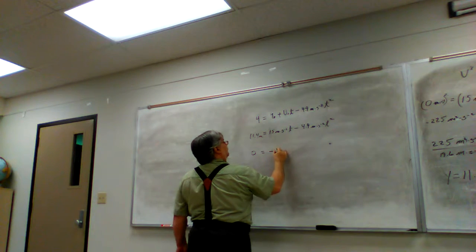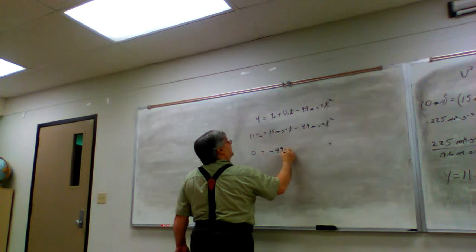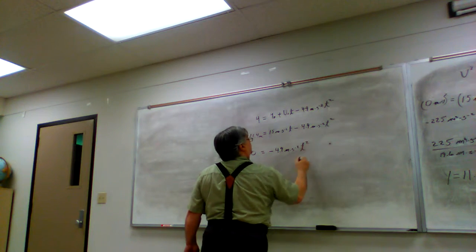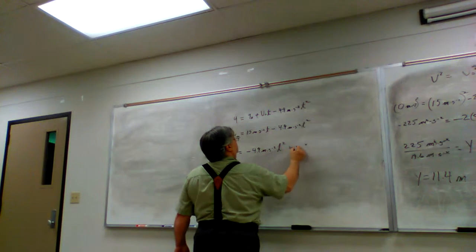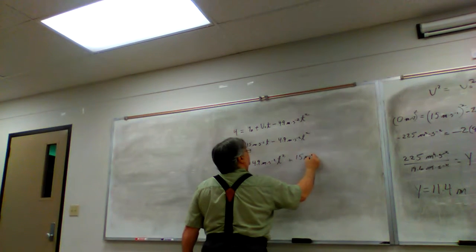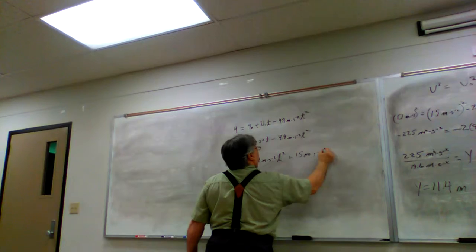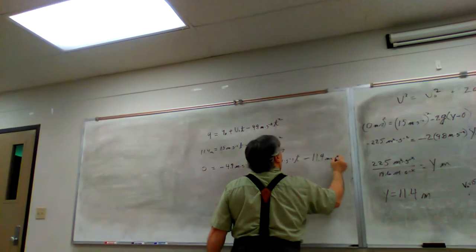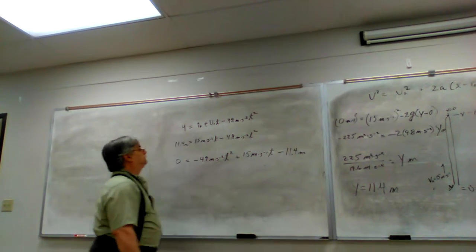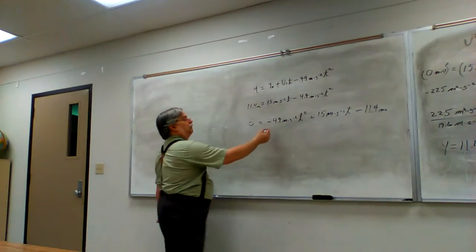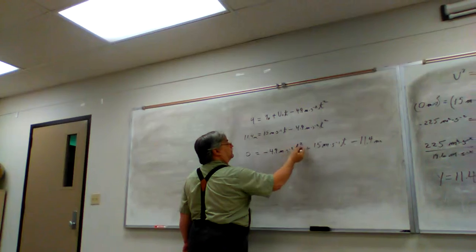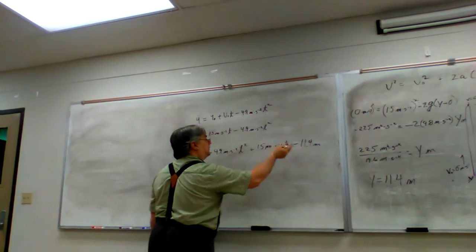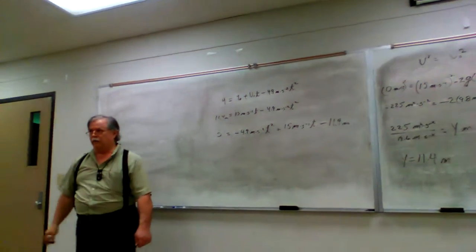Put the squared term first, minus 4.9 meters per second squared times t squared plus 15 meters per second times t minus 11.4 meters. 4.9 meters per second squared times second squared leaves meters. Meters per second times second leaves meters, so the units all match up.